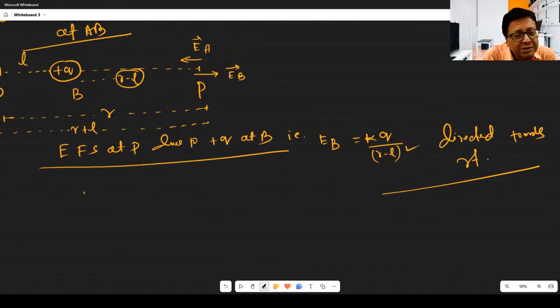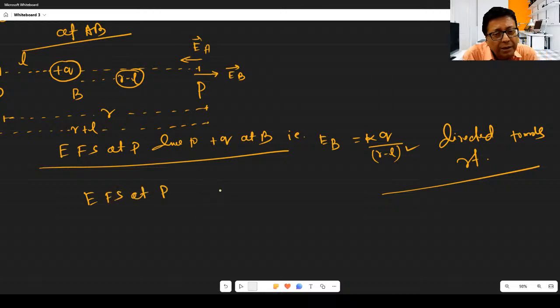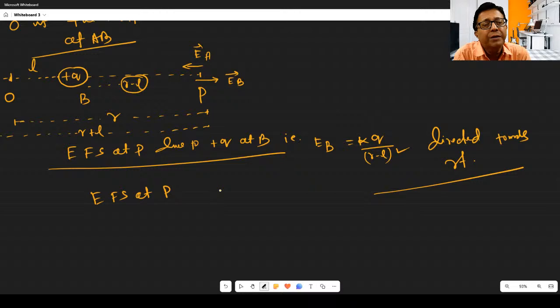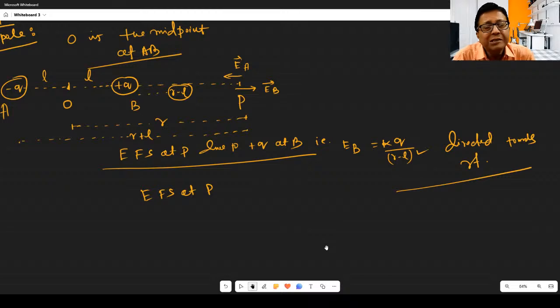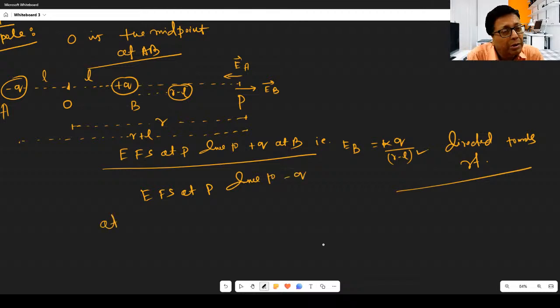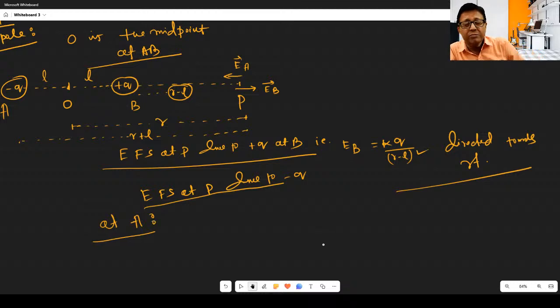Then the field at P due to minus Q at A. This is going to be what?